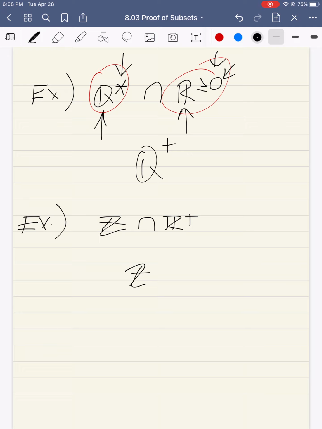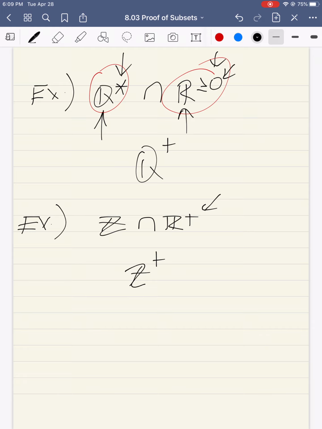And then I need to look at the sign. So here we have all of the integers, so negative, zero, and positive. But over here I only have positive. So consequently, the intersection of this is going to be just the positive integers.